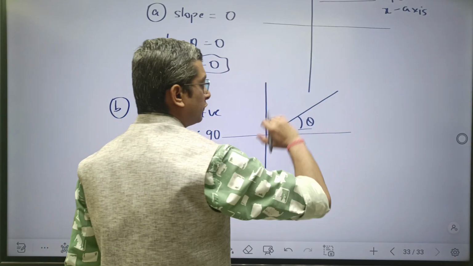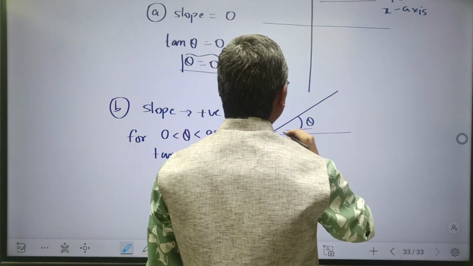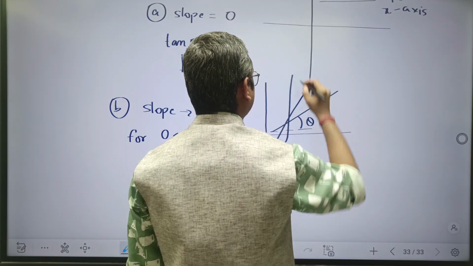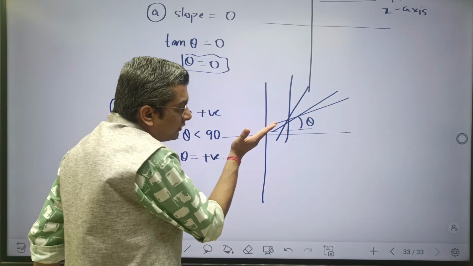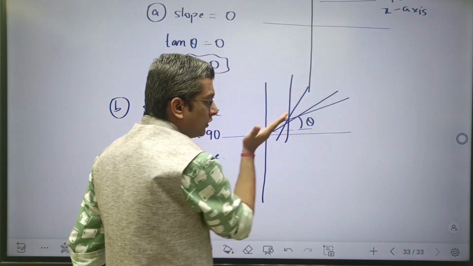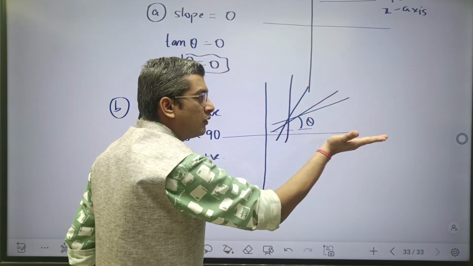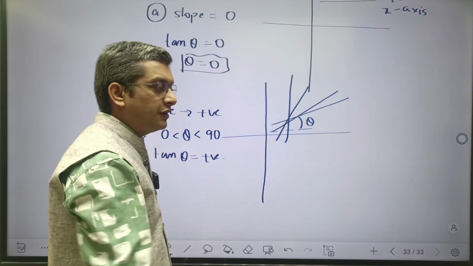So these are the positive slopes. There can be many lines. This line, this line, this line, all are having positive slope because it is giving the effect of rise. When you move on this line, you will have some rise, isn't it?